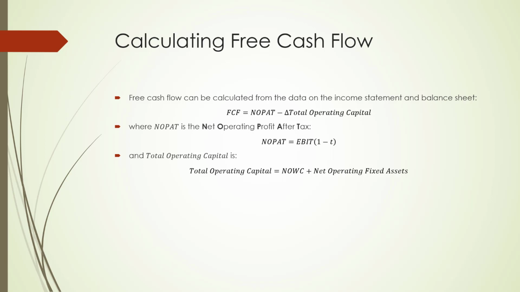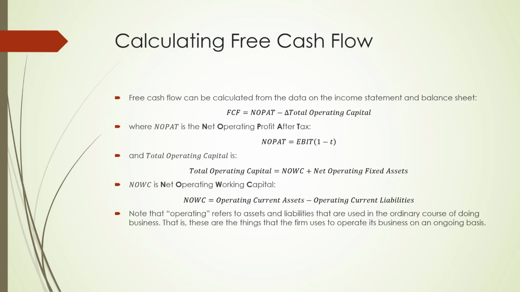Total operating capital is your net operating working capital, or NOWC, plus the net operating fixed assets. Net operating working capital is your operating current assets minus operating current liabilities. So remember again that this word operating means the things that are used in the business on a day-to-day basis.